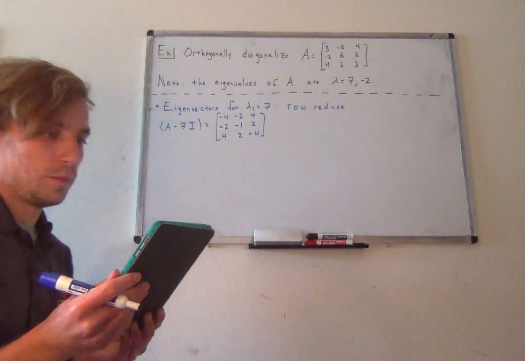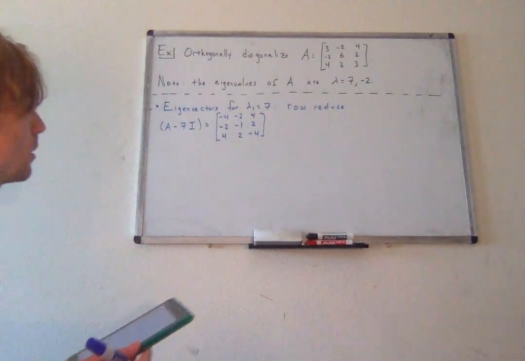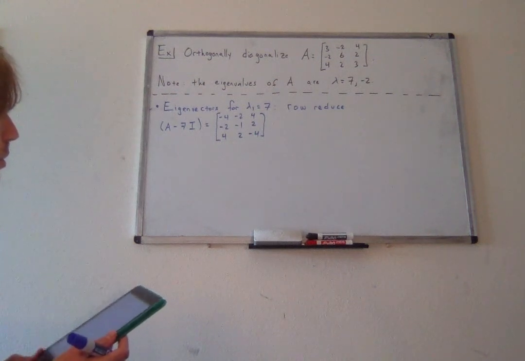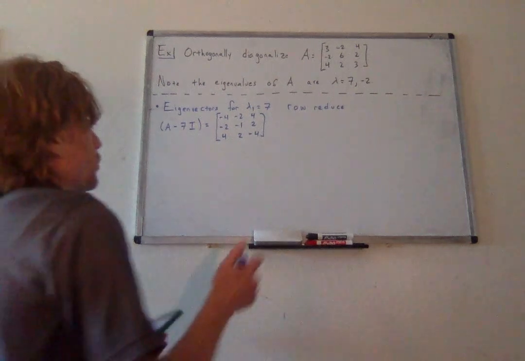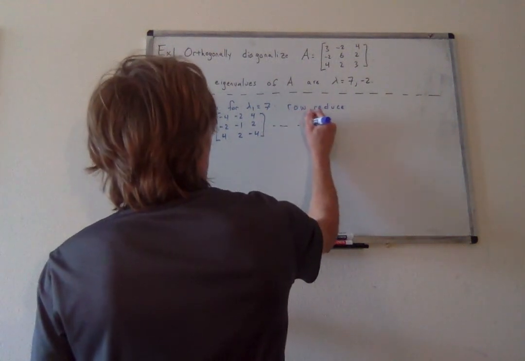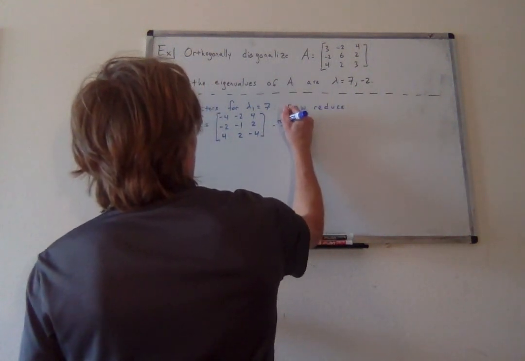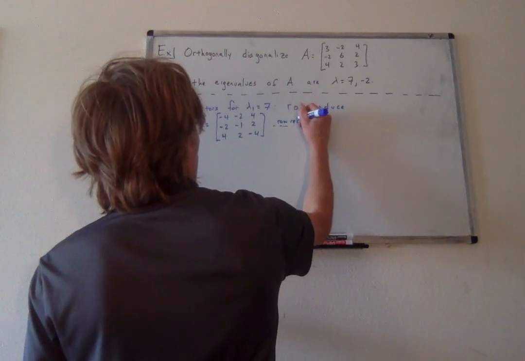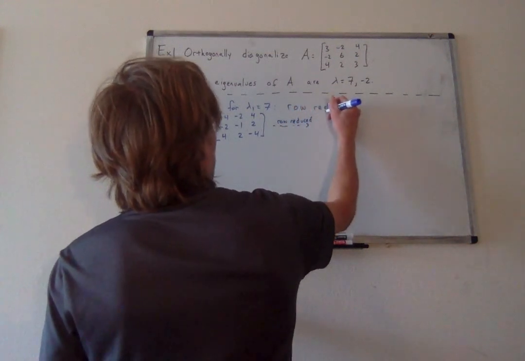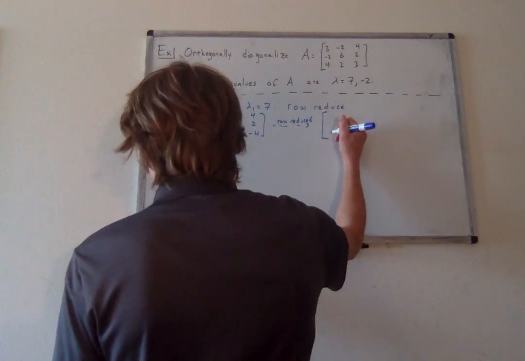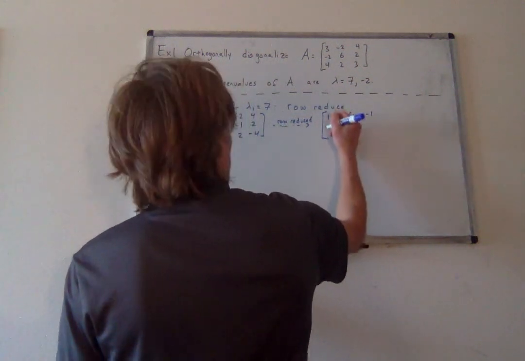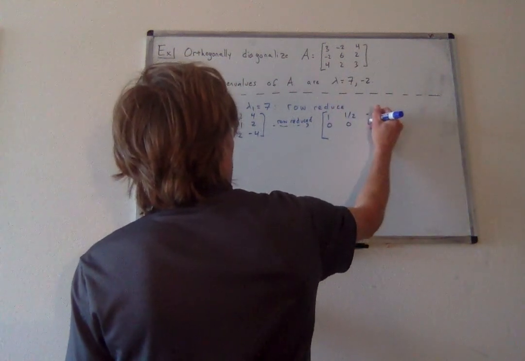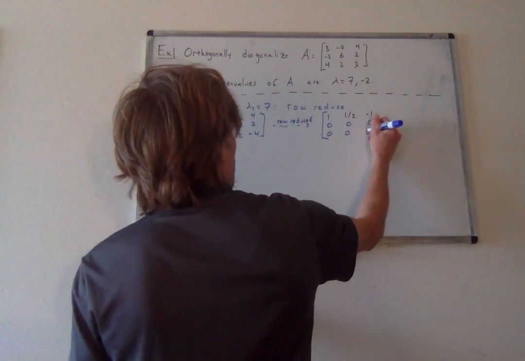Let me make sure I've got everything there correct. Yeah, that looks good. All right, so this row reduces to the following matrix: 1, 1/2, -1, 0, 0, 0, 0, 0, 0.